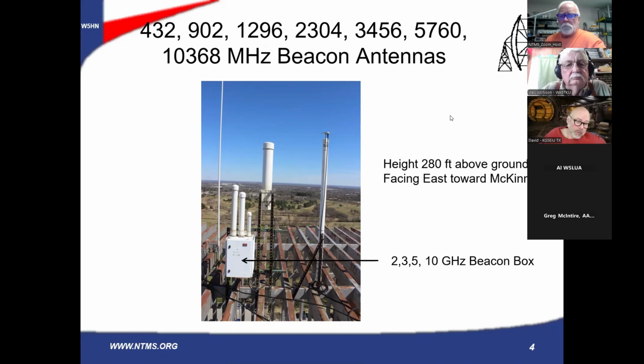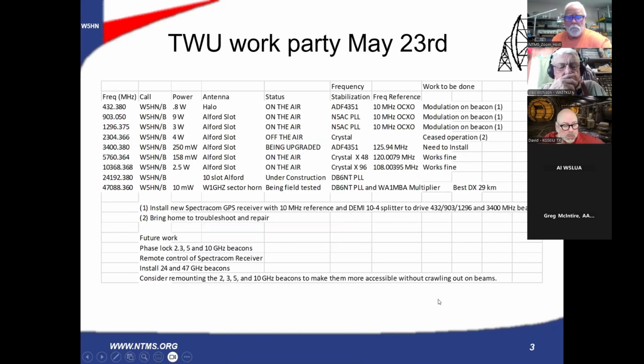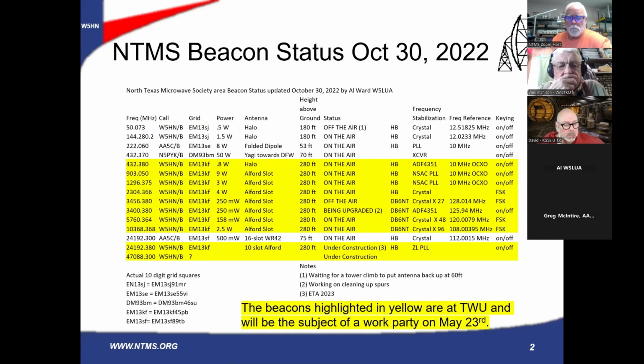Any questions? Are these beacons just CW, or how often do they beacon out? They're on 24/7 when they're active. Some of them are frequency shift keying. And in fact, if you go back to the second slide, Jim, the last column shows on-off keying, so that's regular CW.